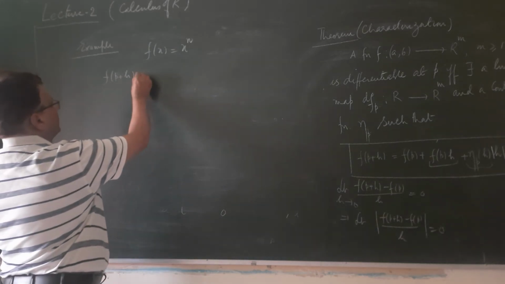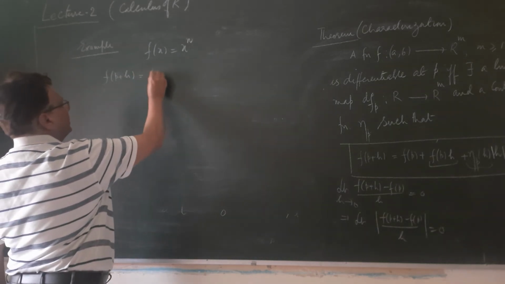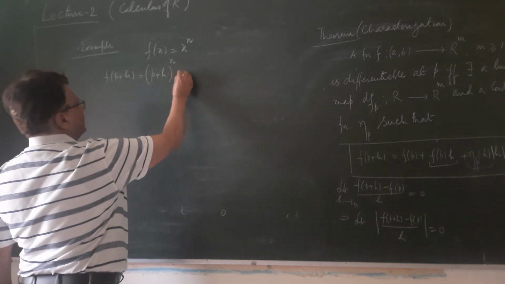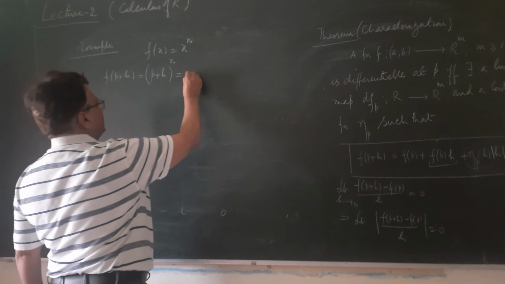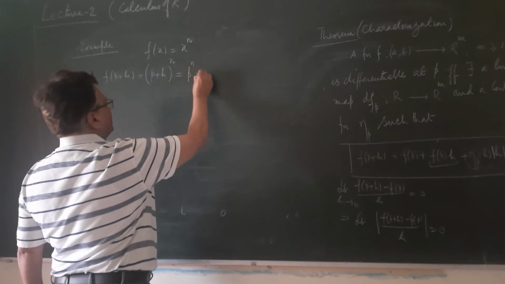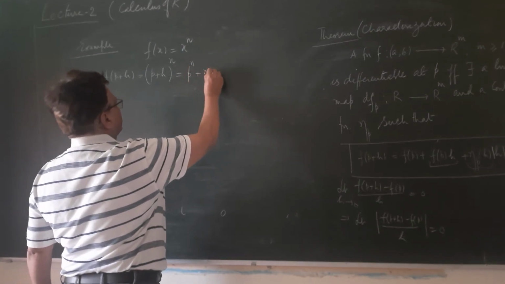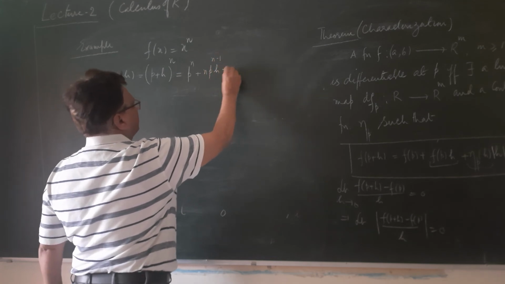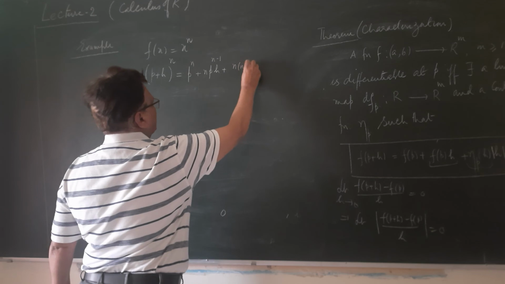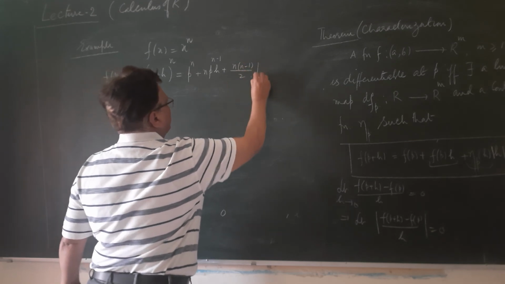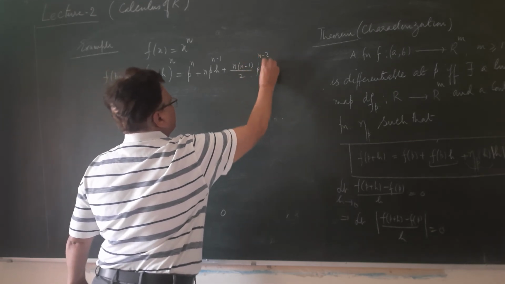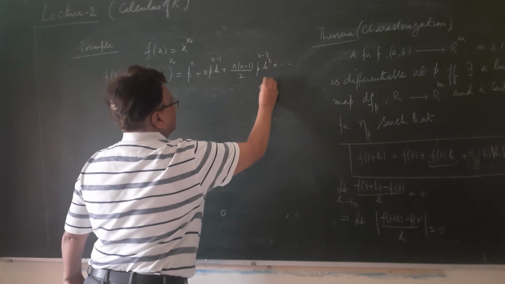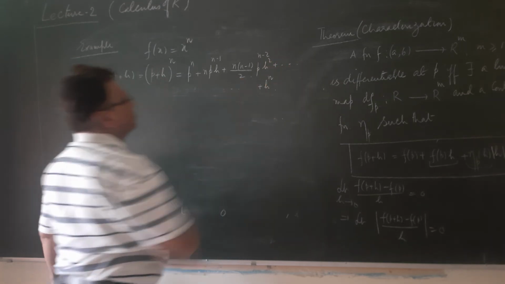So f of p plus h by definition will be (p plus h) to the power n. And this by binomial expansion I will write as p to the power n plus n into p to the power n minus 1 into h plus n(n minus 1)/2 into p to the power n minus 2 into h squared plus so on, and the last term will be h to the power n.